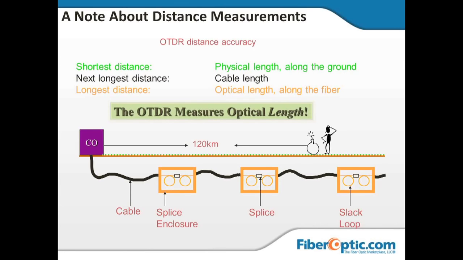In this example, we might as well look at this individual standing out there in the field scratching his head. Here's our central office, and they're about 120 kilometers apart geographically. That strand footage or trench footage or any combination thereof, that's our shortest distance. And that's what we want to know.